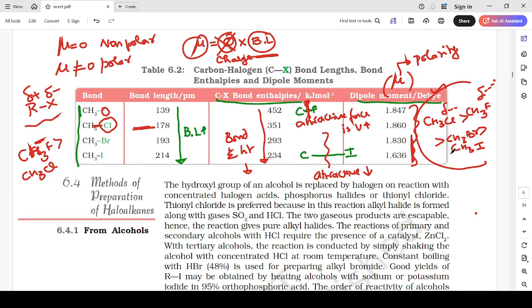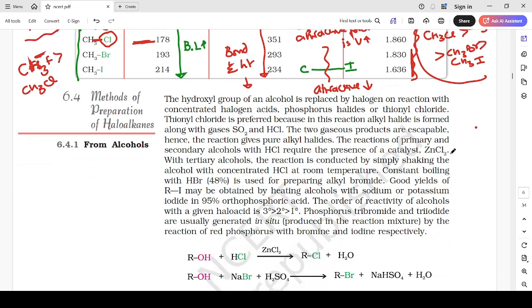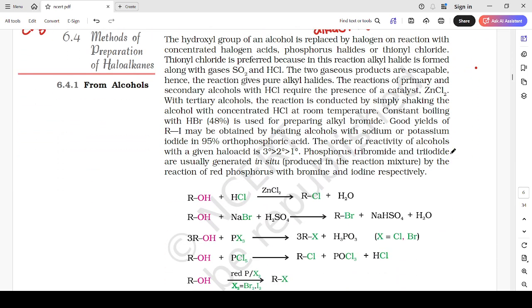Yes, ma'am. Right. We're going for the preparation of haloalkanes. The very common method of preparing it is using zinc chloride as a catalyst by treating ROH with some HX. ROH plus H+ goes for protonation, giving RO+H2.